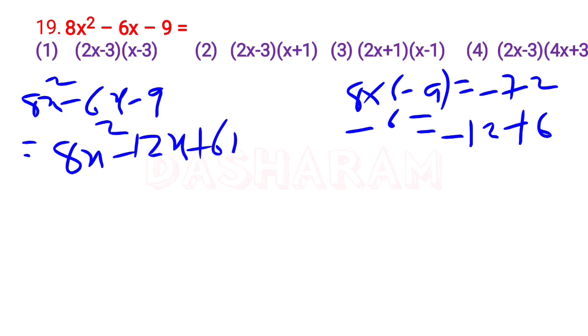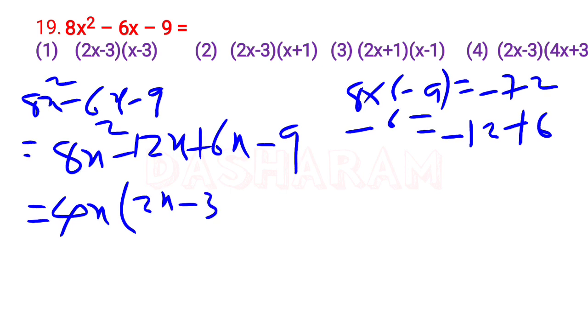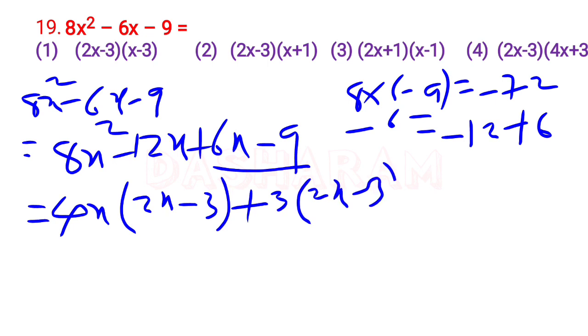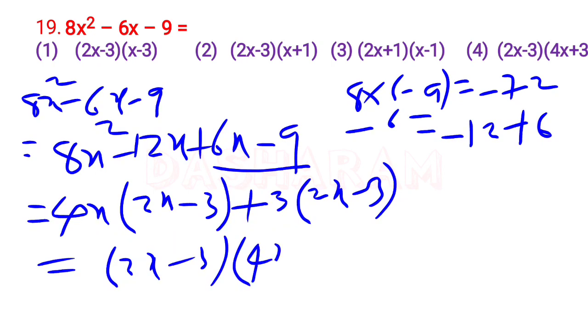From the first two terms we can take 4x common, so 2x minus 3. From the last two terms take 3 common, 2x minus 3. Now 2x minus 3 is common, in the bracket 4x plus 3. So 2x minus 3 into 4x plus 3, option 4 is correct.